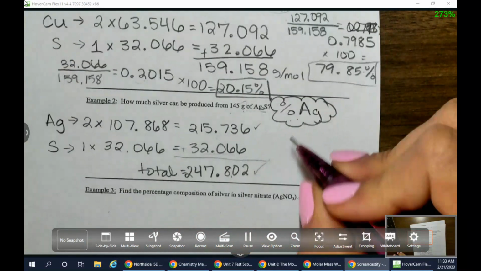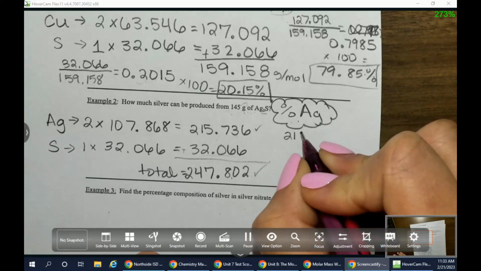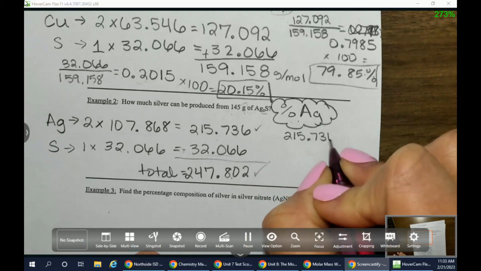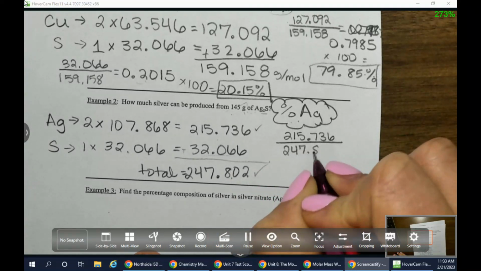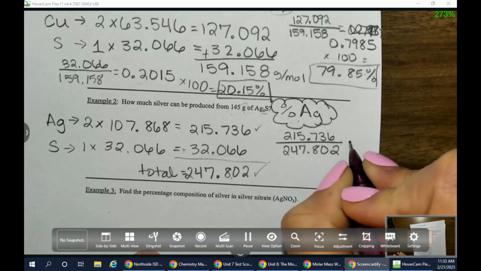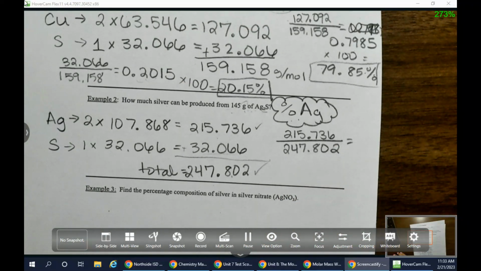Fun stuff. All right, so we're going to go ahead and now take that silver value, which is the 215.736, over the total to figure out a percentage. So you'll get a decimal. Remember, you can move that decimal 2 times to the right once you get that answer. So what percentage are we getting?